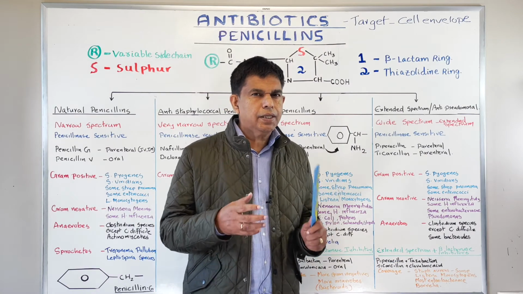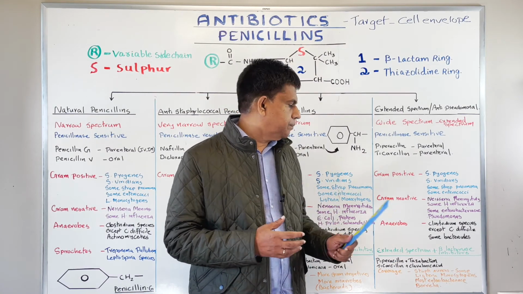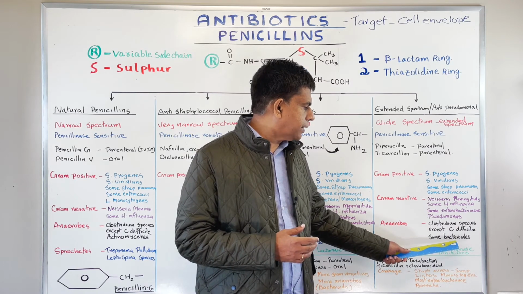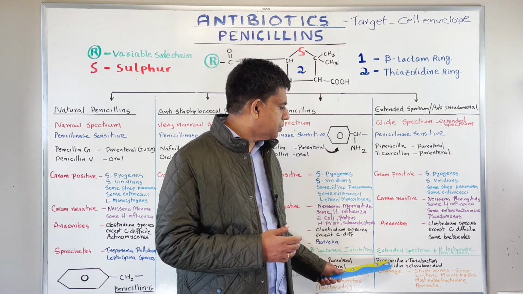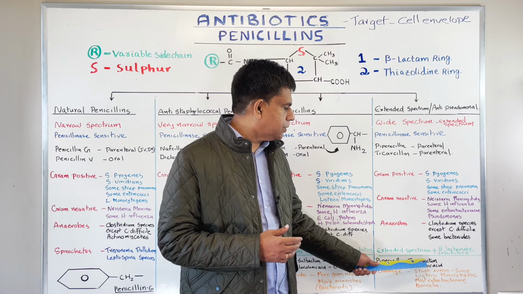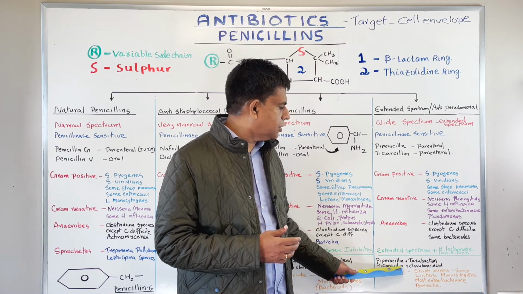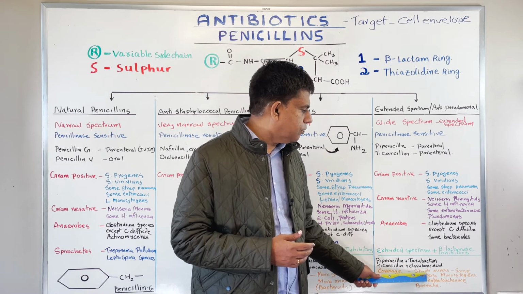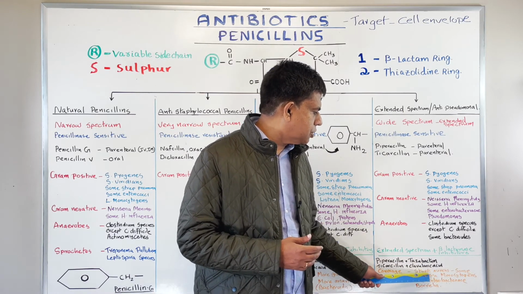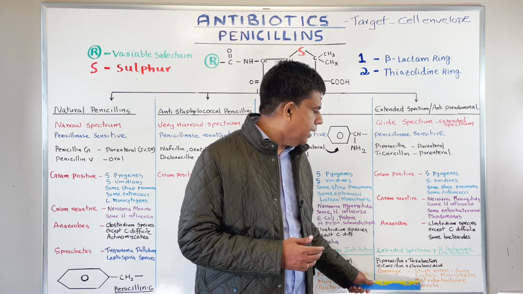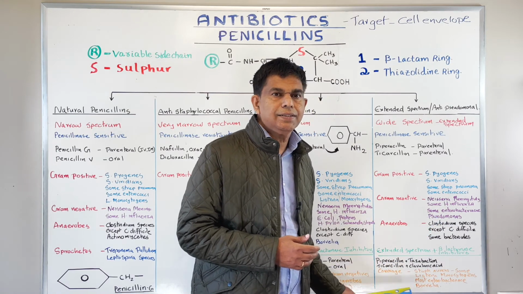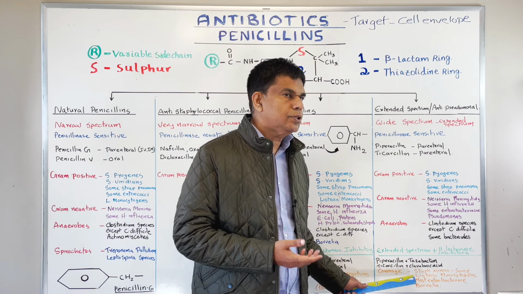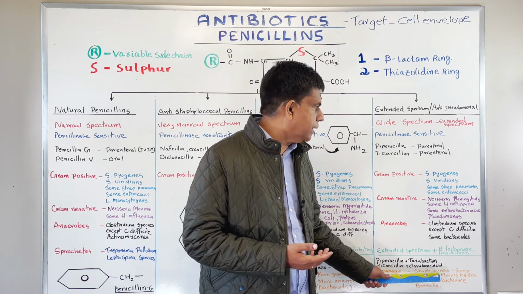Now, to make this a little bit more potent, the extended spectrum penicillin is combined with beta-lactamase inhibitors: piperacillin is combined with tazobactam, and ticarcillin with clavulanic acid, and your coverage goes up. You get more Staph aureus coverage, Listeria monocytogenes coverage, and most Enterobacteriaceae, E. coli, Proteus, Salmonella, all covered right here, and Borrelia.